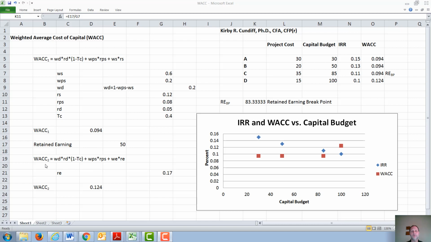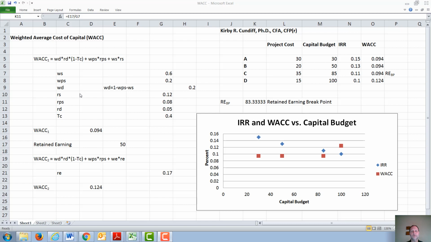So WACC2, our cost of capital after we run out of retained earnings, will be higher than WACC1, the cost of capital for using retained earnings. For our example, we consider a company financed with 60% equity, 20% preferred stock, and the remaining amount with debt of 20%.